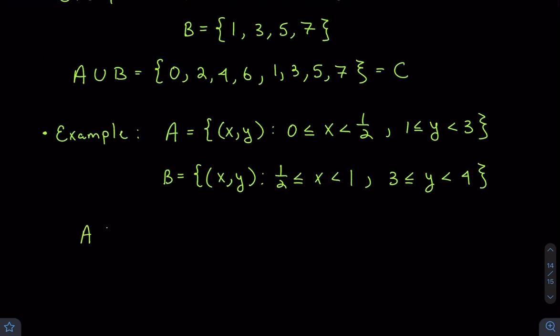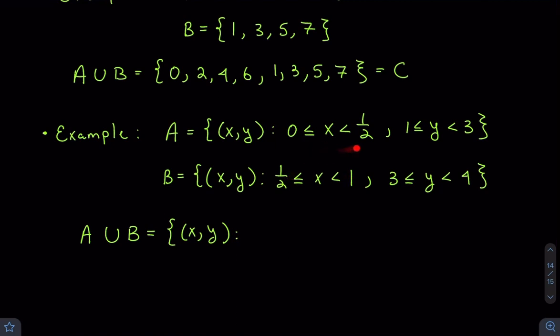then the union between A and B would also be a two-dimensional set containing the points x and y, but this time we need to combine all the elements in A or in B. Starting with the x values, to combine this interval and this interval, we see that all the points in set A span from 0 up to 1/2, not including 1/2, and then starting in set B, we're containing the points including 1/2 and then going up to 1.